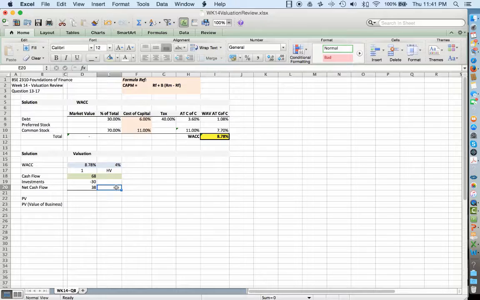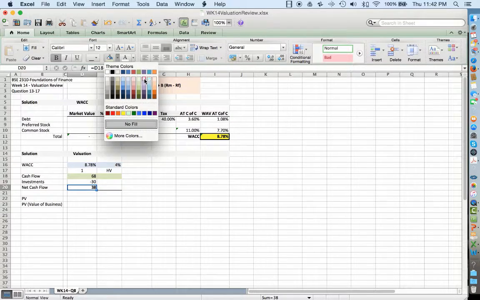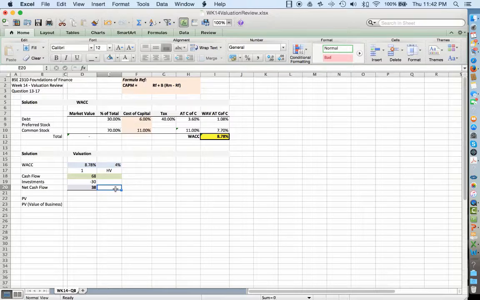So I have to calculate the horizon value. We've done essentially 1 year of detailed calculation to get the net cash flow, which is an important number for us. Then what I want to know is the per year cash flow into perpetuity. What I'm going to first do is take that 38 and increase it by 4%.